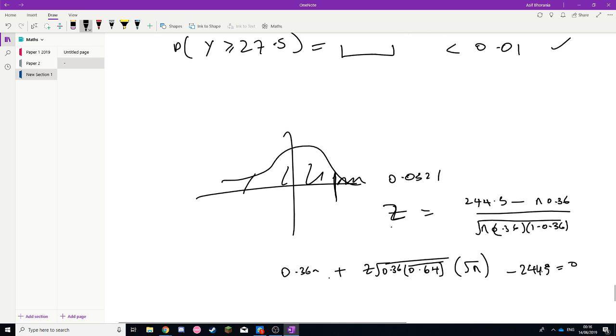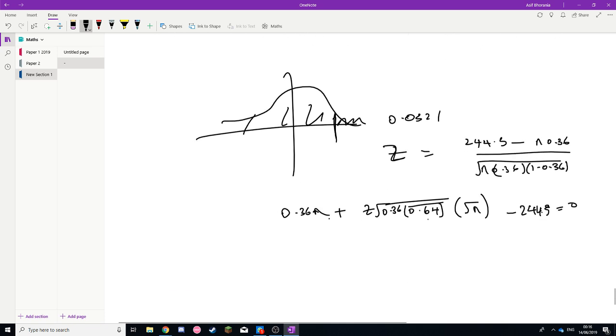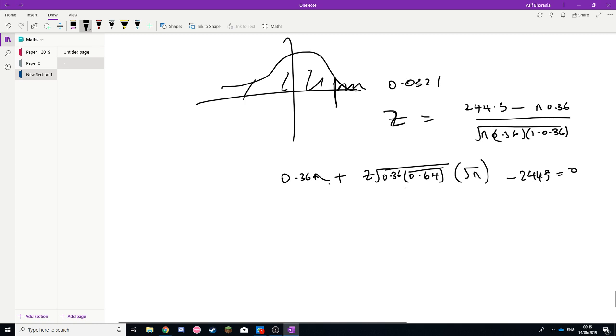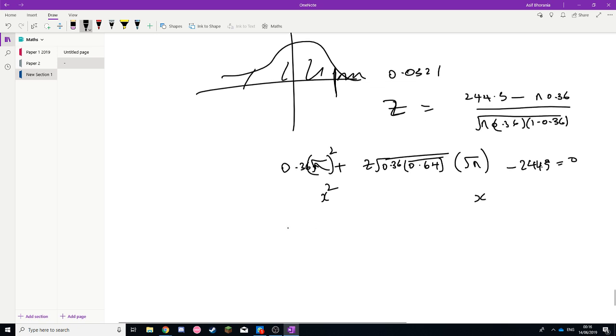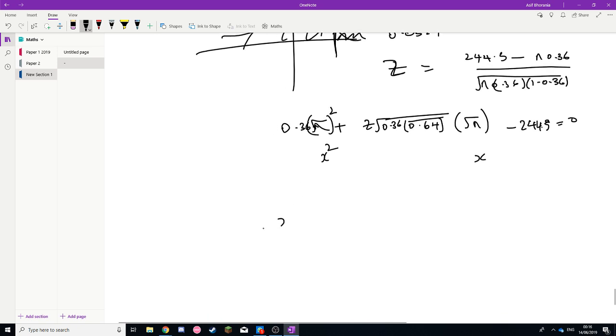So look at this: you have a quadratic in square root n, because n is the same as square root of n squared. So you can imagine this is x squared and this is x. When you solve this as a quadratic, you find x equal to something, and you know x is equal to square root of n. So square root of n is equal to that, and n is equal to that squared, and that would be your answer.